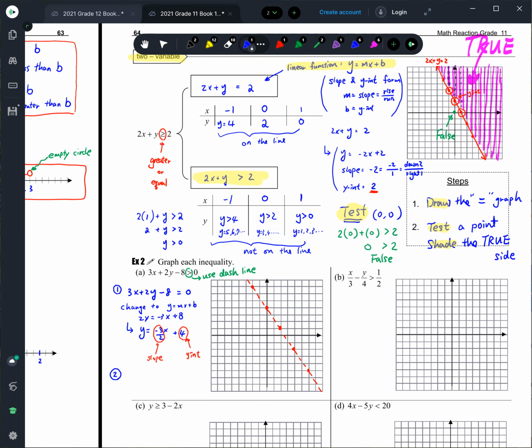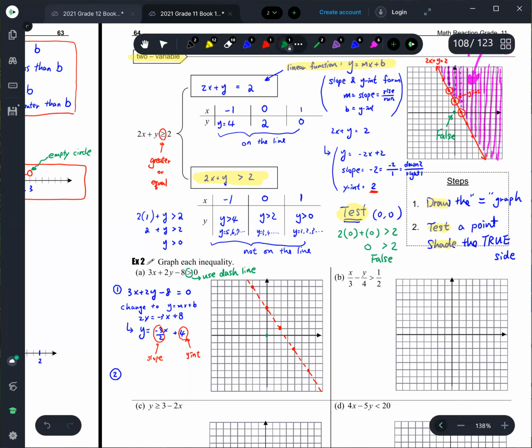Usually we can test 0, 0 if it's not on the line. If 0, 0 is right on the line, you cannot use it to test because it doesn't tell you which side. So you test the point. This one we can use 0, 0, right? 0, 0 is easy to calculate.